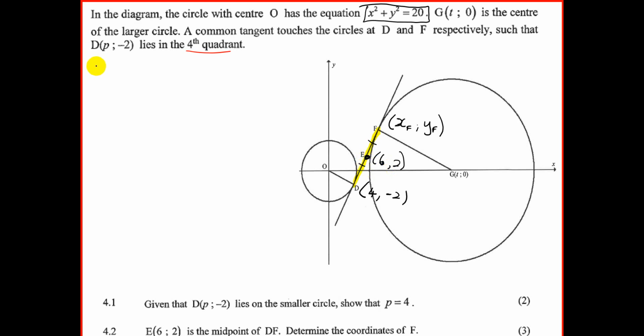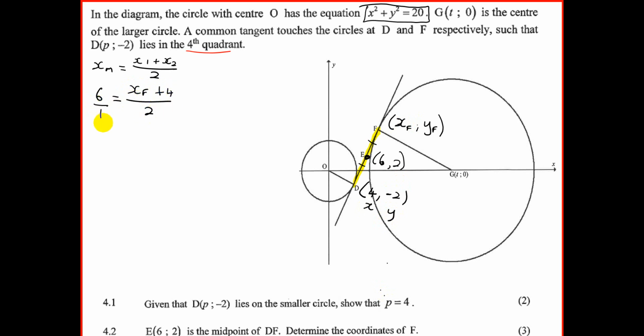And the midpoint formula, if you forgot it, is x of the midpoint will be x1 plus x2 all over 2. E is the midpoint, so x of the midpoint is 6. So x1, we'll use xF. And the x value for D is 4. And that's all over 2.